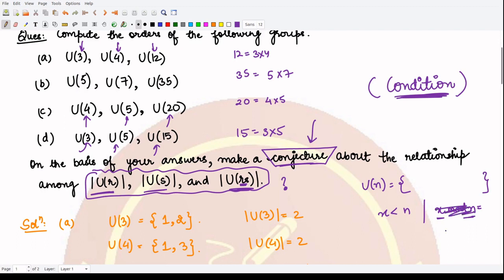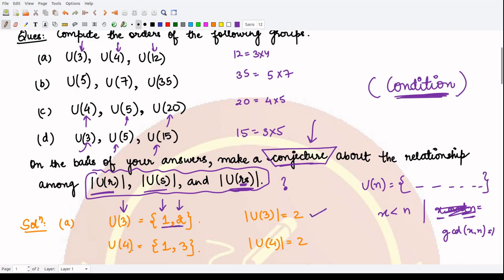So basically the GCD of x with n should be equal to 1. This is the condition. So all such elements would be present here. So for U3 you are looking for all the elements which are less than 3 such that the GCD of 3 with all such elements is 1. So clearly the elements are 1 and 2, right? Now because there are two elements, the order is 2.